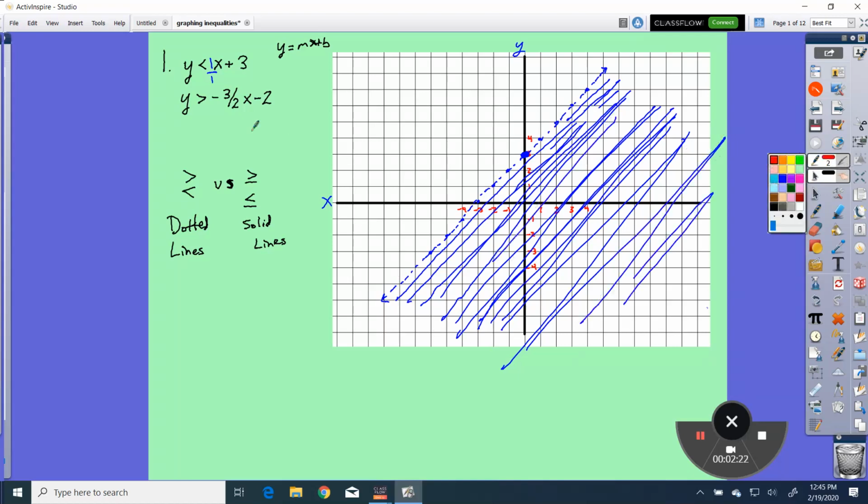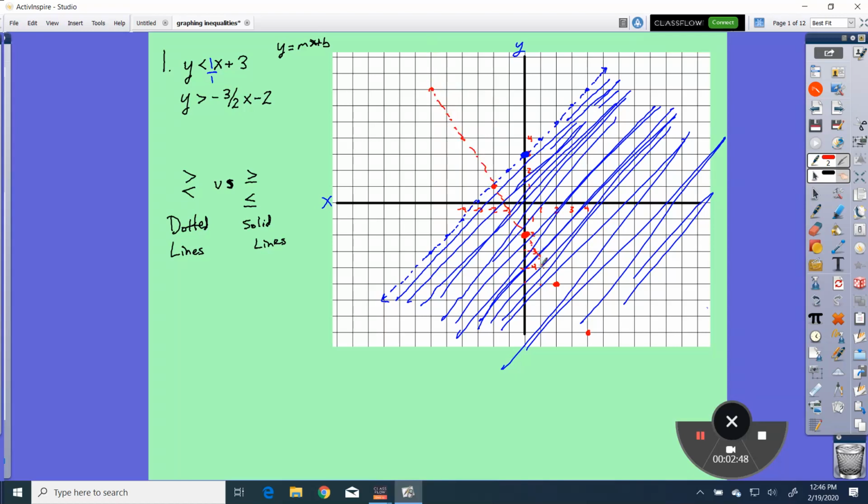Now the next graph says y is greater than negative 3 halves x minus 2. So I go to negative 2, and I go down 3 to the right 2. Down 3, to the right 2. So I could follow this same pattern and keep going. Okay? Again, these are going to be dotted lines, dashed.